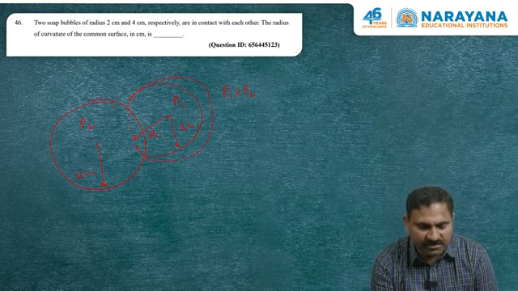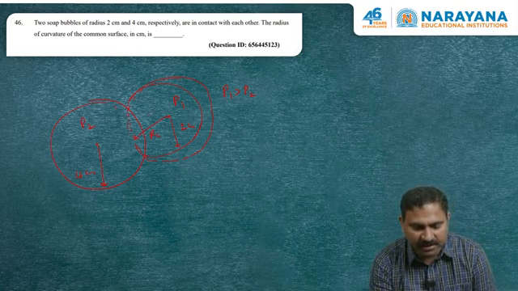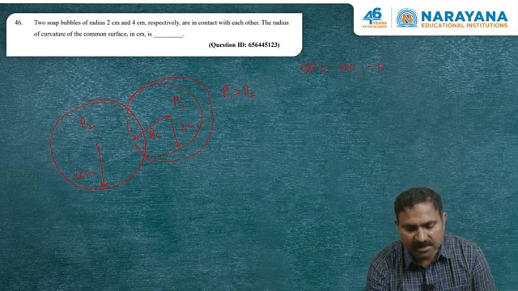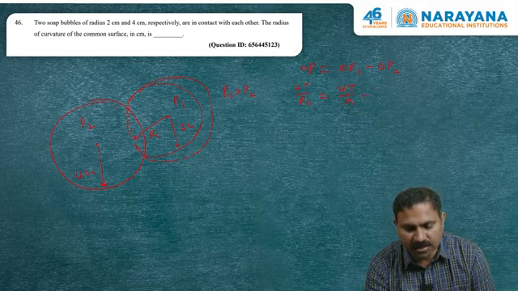Now the pressure difference from P1 to P2 is maintained by the new surface having radius of curvature RC. Suppose delta P is the pressure difference across the new surface, delta P equal to delta P1 minus delta P2 we can write. So delta P equal to 4T by RC, delta P1 is 4T by R1 minus 4T by R2.